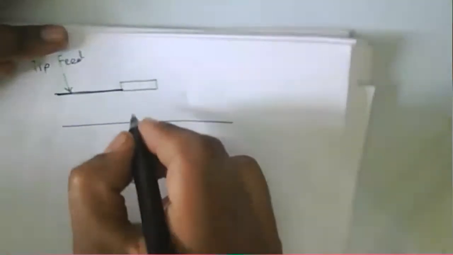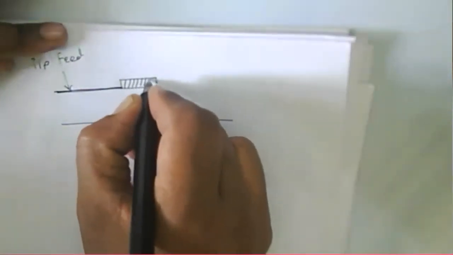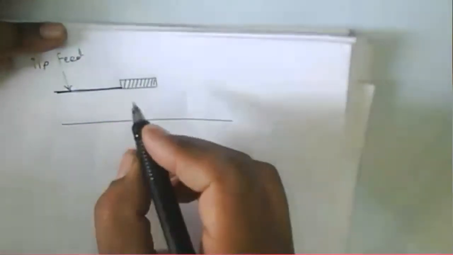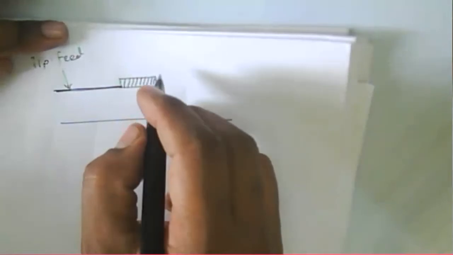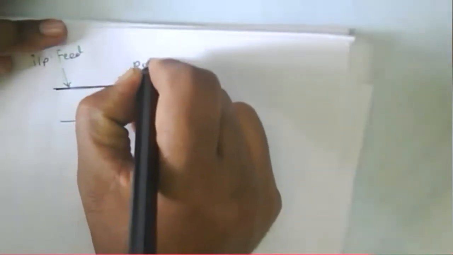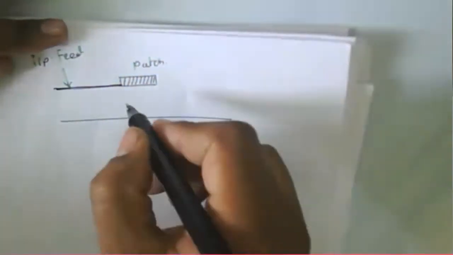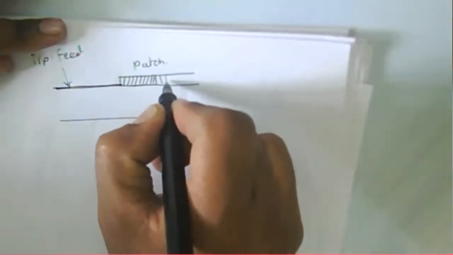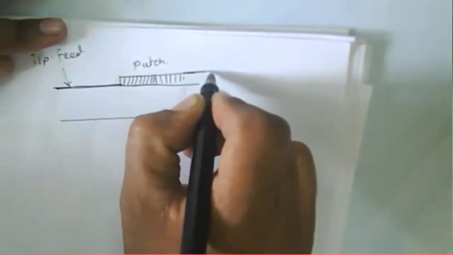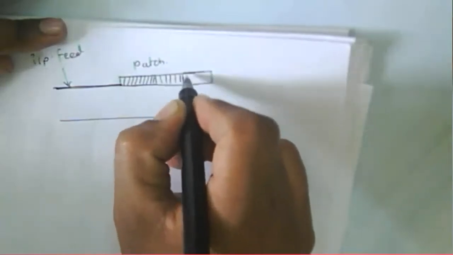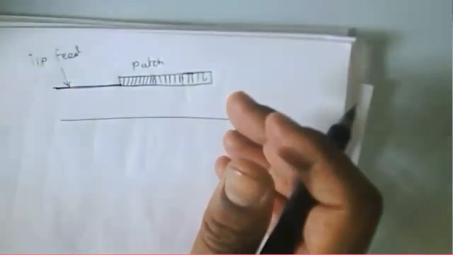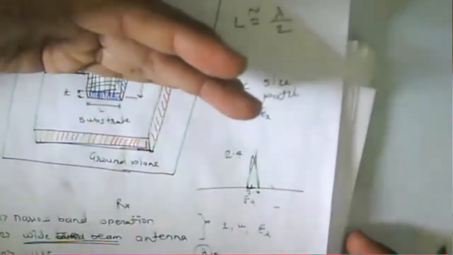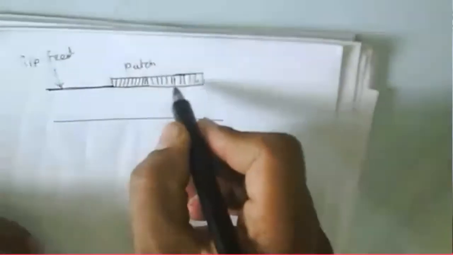This is the patch width. Now I draw the length of this patch, and if I cut the section here, it will look like a patch.